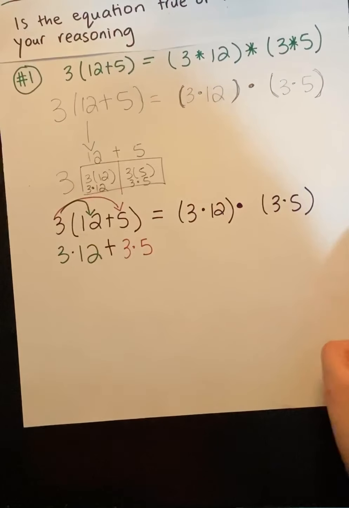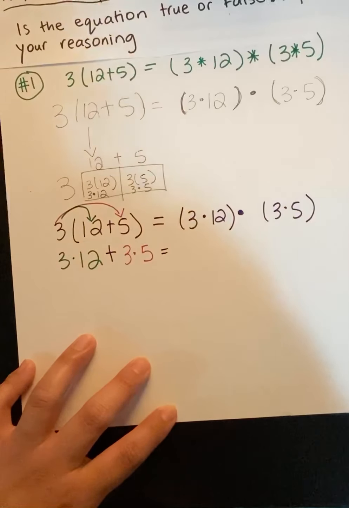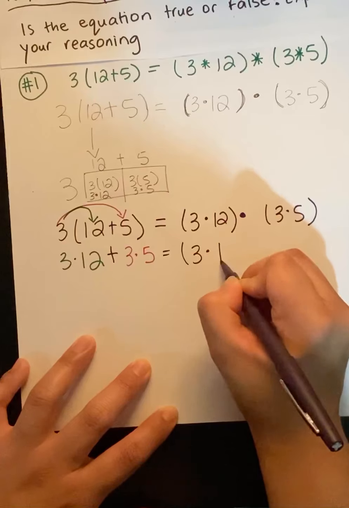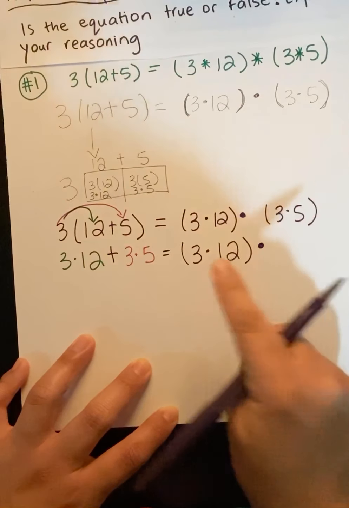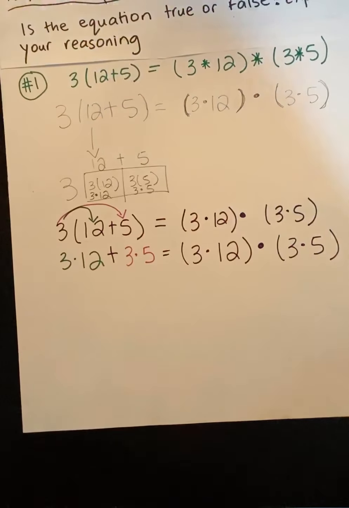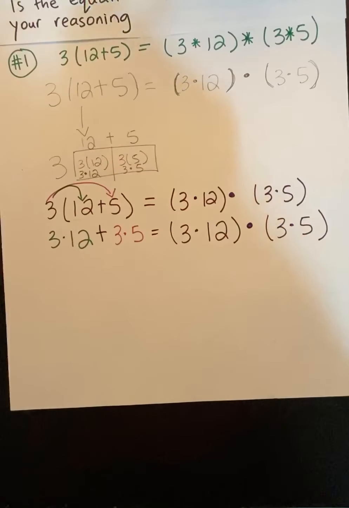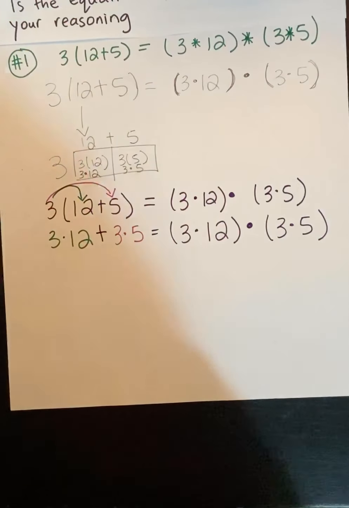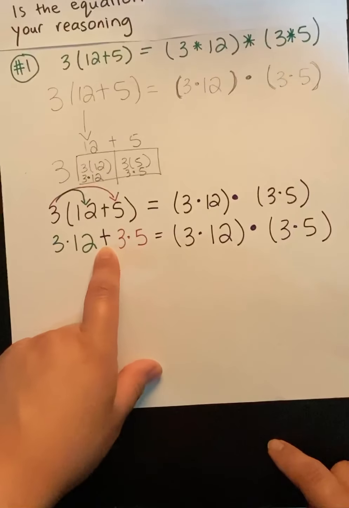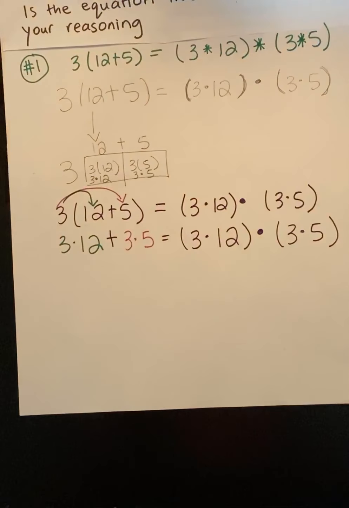And that in the equation says equals to the product of 3 times 12 and 3 times 5. Okay? Now, before I continue doing the multiplication, the adding, I can pause for a second and look at this equation.